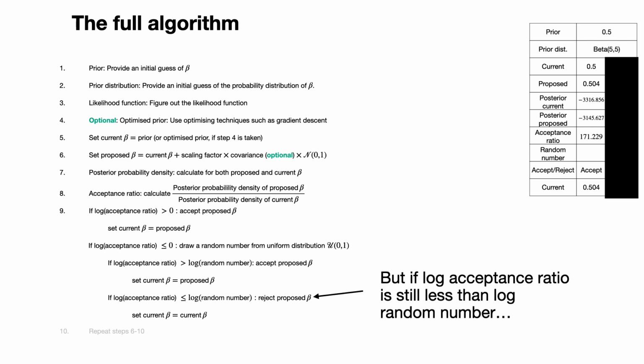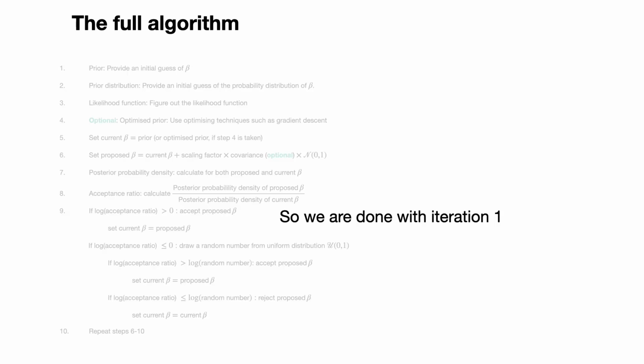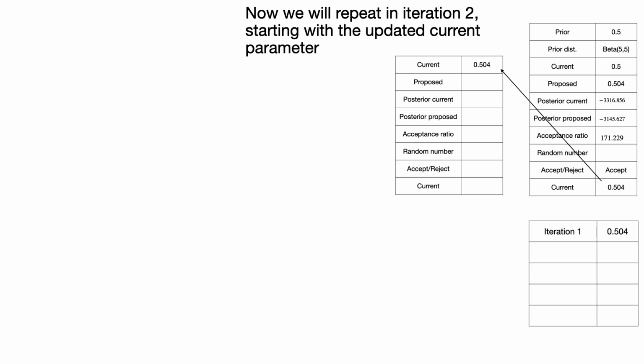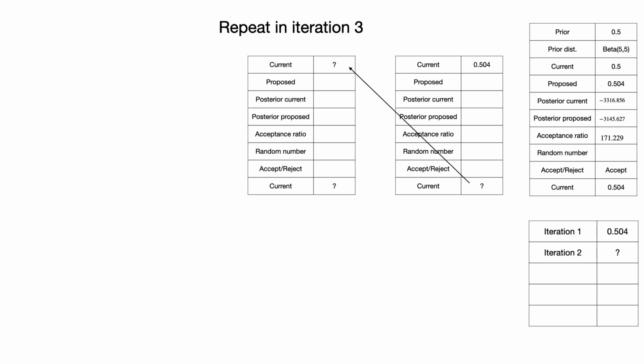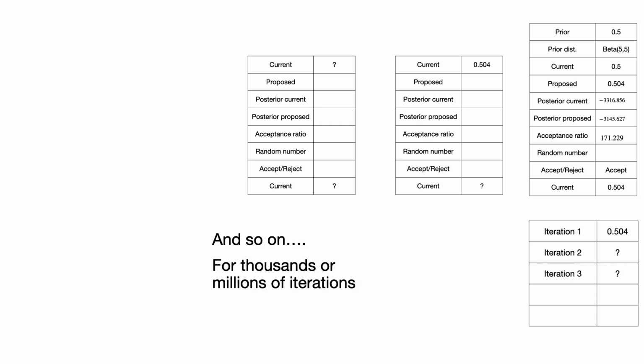Otherwise, we will reject the proposed beta and retain the current beta. So we are done with iteration 1. So let's store the result to another table and we iterate the procedure in iteration 2, and repeat in iteration 3. Each time store the outcomes, and so on for thousands or millions of iterations.